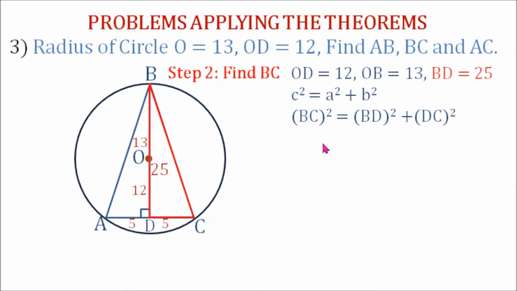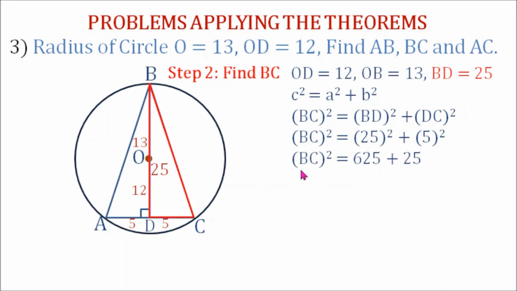Now substituting, side BC squared equals 25 squared plus 5 squared. 25 squared is 625 and 5 squared is 25. So side BC squared equals 625 plus 25, and 625 plus 25 equals 650. So to get rid of squared here, we are going to find the square root of 650.